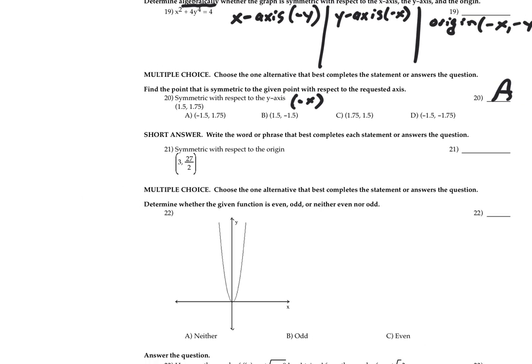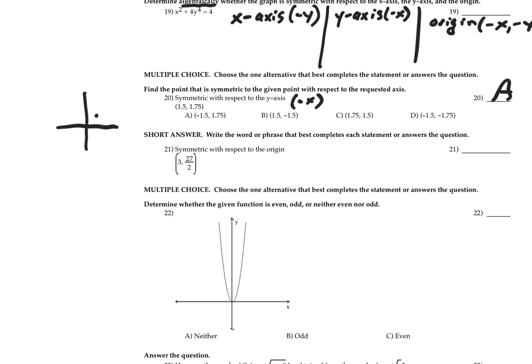If you would rather do a graph, you don't have to be real specific about where your point is. Okay, 1.5, 1.75 is going to go right and up. If I flip it over the y-axis, I'm going to flip it over into that quadrant.